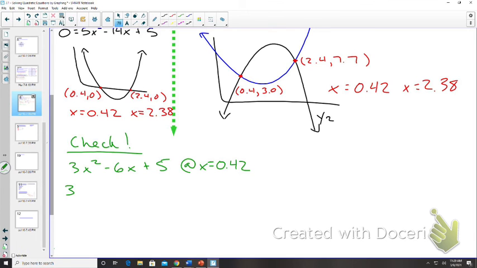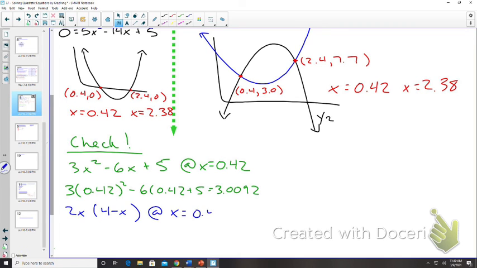So 3 times 0.42 squared minus 6 times 0.42 plus 5 is equal to 3.0092. Now we will check the 2x(4 minus x) at x equals 0.42.